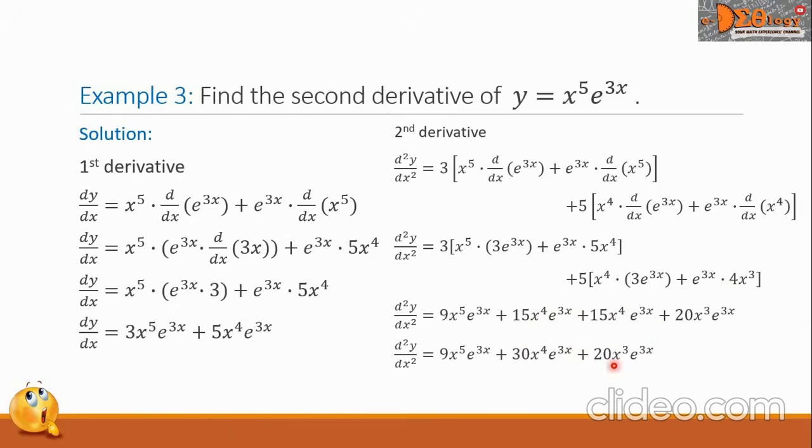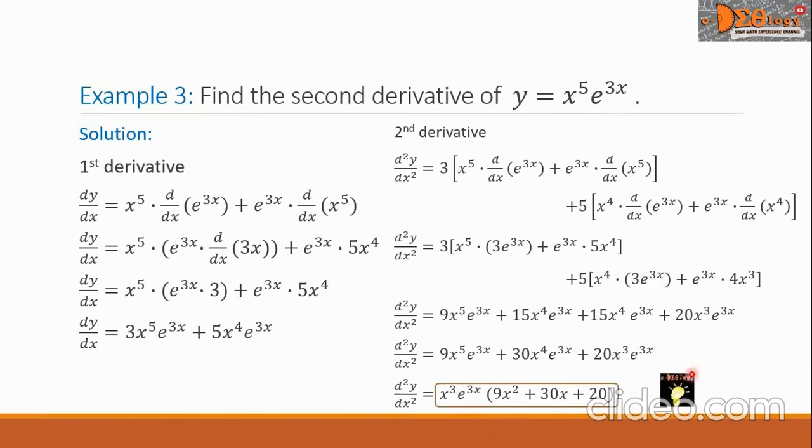And the common factor is x cubed and e raised to 3x. Factoring out that common term, we have x cubed e raised to 3x times the quantity 9x squared plus 30x plus 20. This is our final answer.